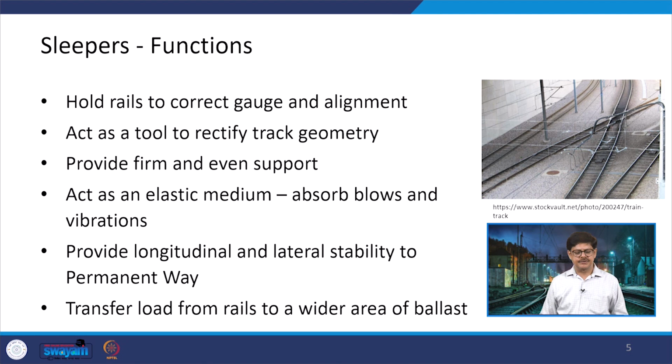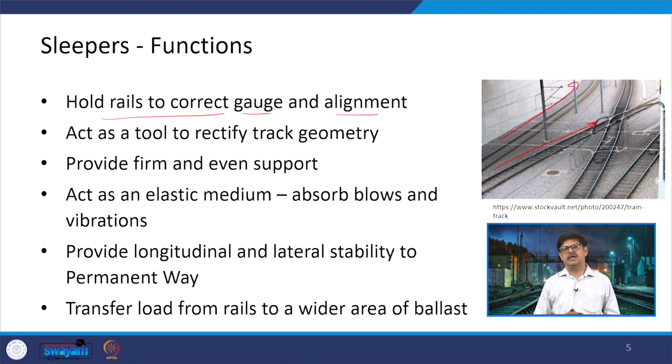So, what are the functions? The functions are, it should hold the rail to the correct gauge and alignment. If we talk of alignment here, this is the alignment of this particular track, whereas the alignment of the track on the left hand side is going towards the left, it is taking a turn.